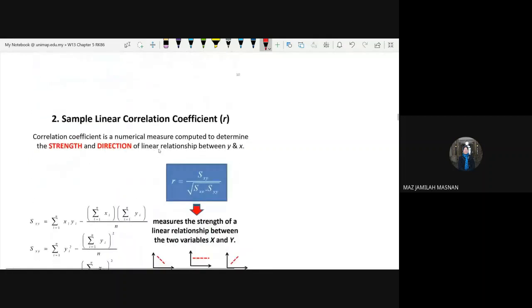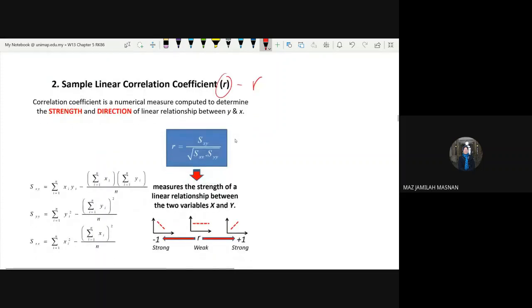That is using your linear correlation coefficient, or we call it R. R is obtained by the sum of squares between the x and y variation, divided by the variation of each x and y.